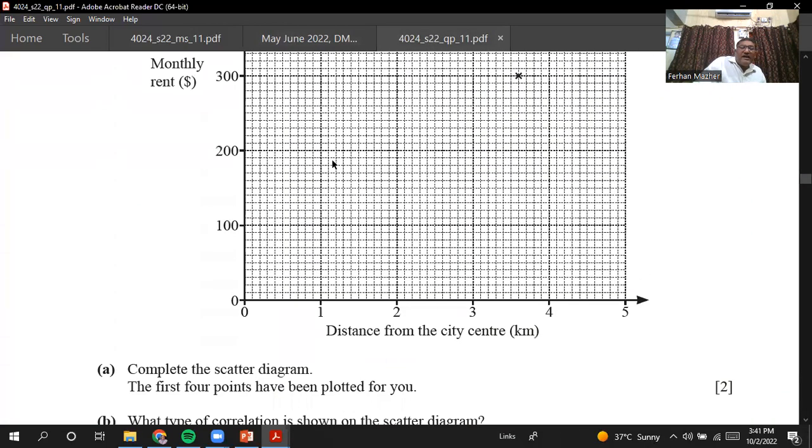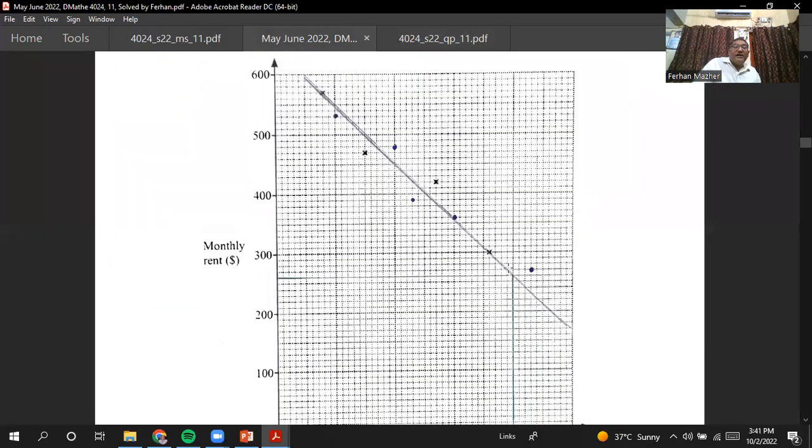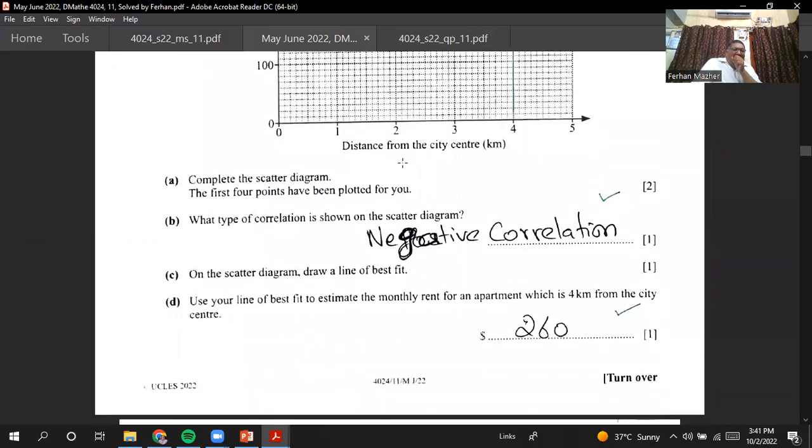So I have shown you how to draw that. This is the line of best fit. The number of points on one side of this line is equal to the number of points on the other side. The correlation of this scatter diagram is negative.